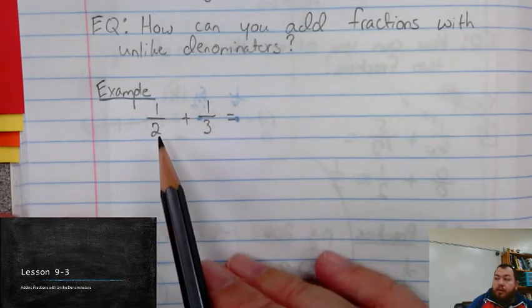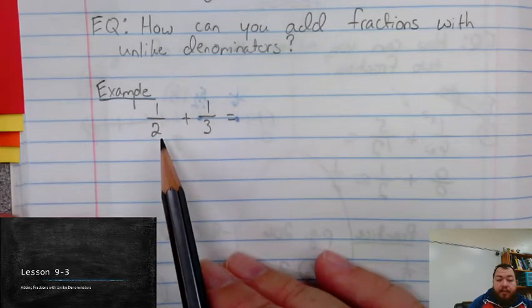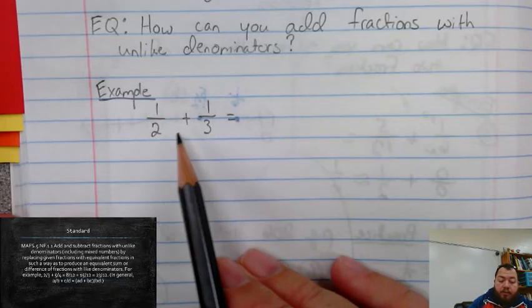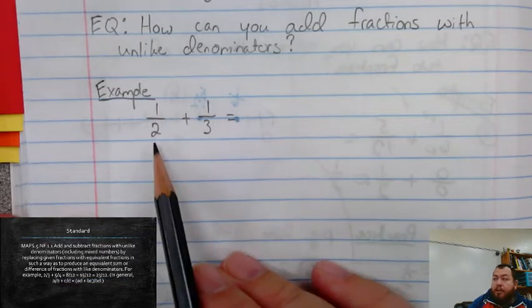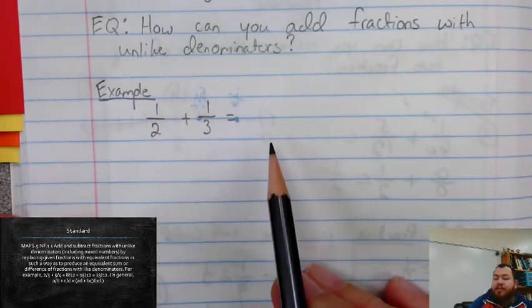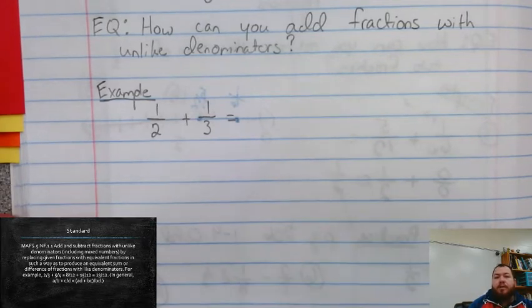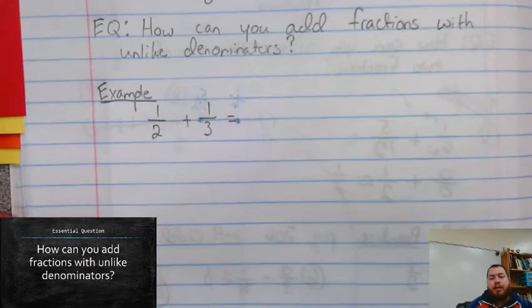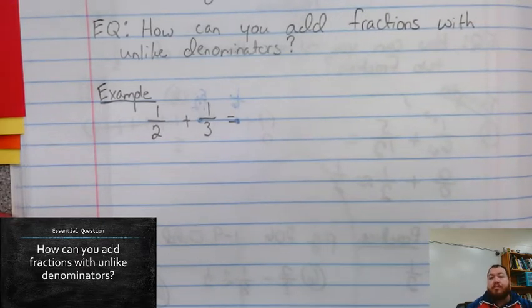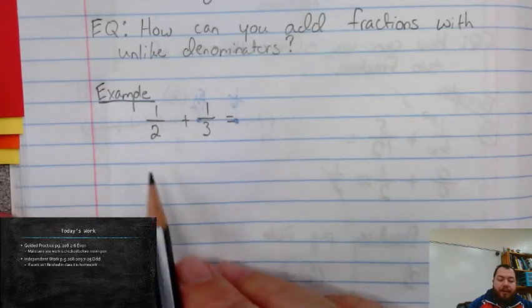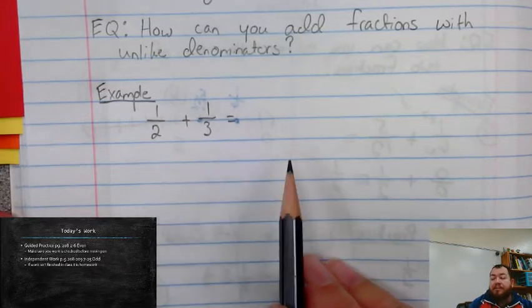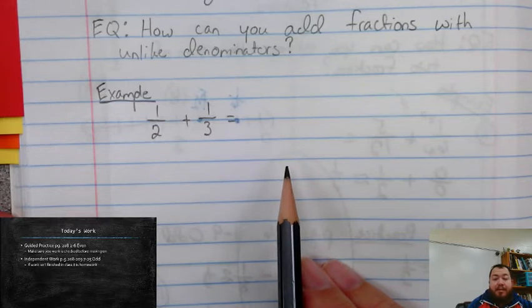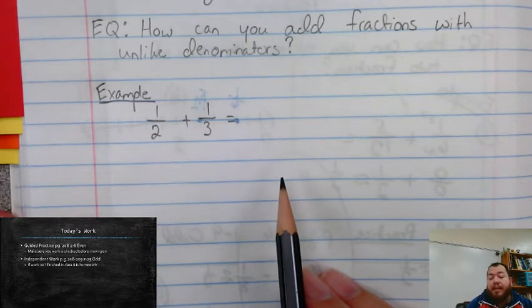Now, there's a simple trick for all fractions to find a common denominator: we could multiply the two denominators together, which would give us 6. But that isn't always the least common denominator. And the reason why we want to find the least common denominator is so that when we solve the problem, it's easier to simplify. Because let's say if we had 5 and 10 here, that would give us 50. But 50 is not the least common denominator of 5 and 10.